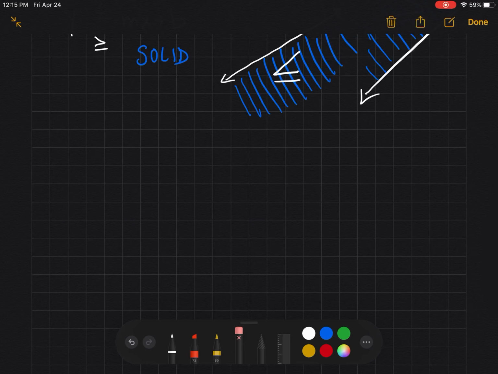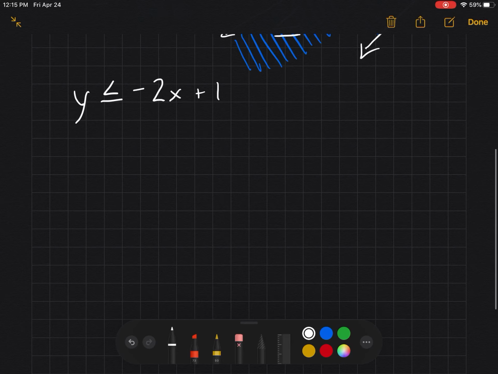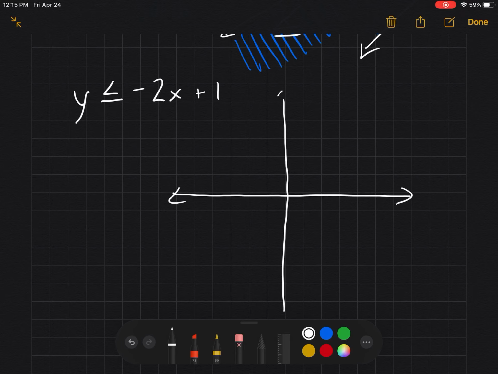Let's do y is less than or equal to negative 2x plus 1. Let's say that that is our line. So we are going to have a graph, and we're going to first plot our y-intercept of positive 1.